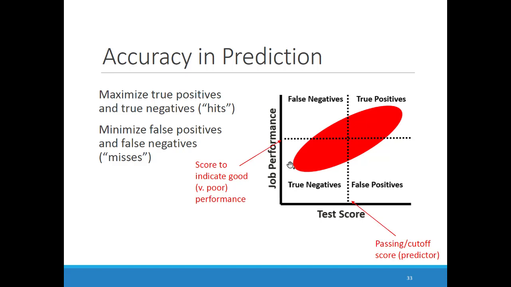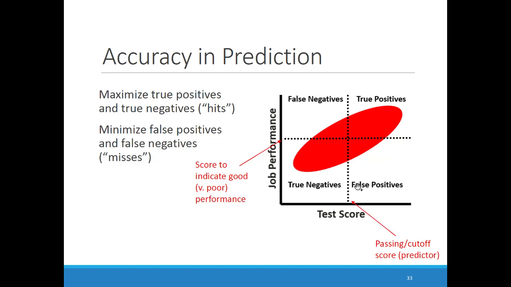So this red oval in the middle here is another graphical representation of a correlation. So we could imagine that there are a bunch of dots within this oval, and each dot represents a person and their score that they attained on the test score and their job performance score.